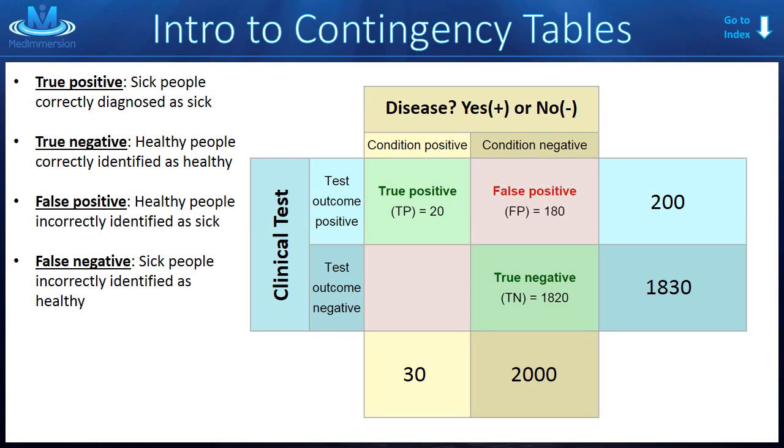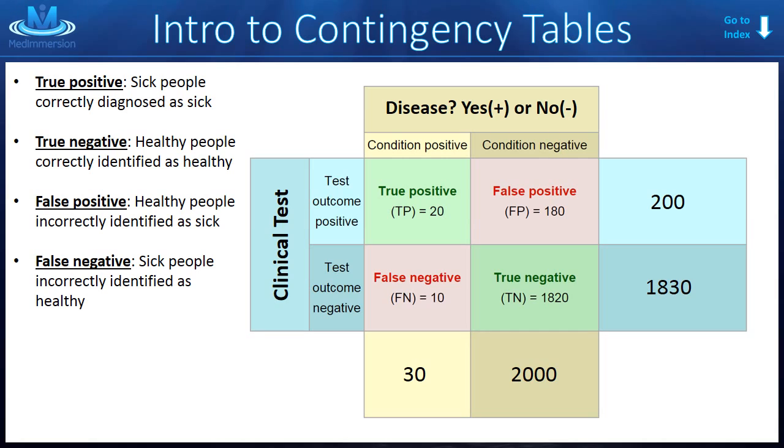The false positive is that group that the fecal occult blood test said was positive when in fact it was not. The false negative is that group that the fecal occult blood test said was negative, but was actually, in fact, positive. Okay, and this comes back to the fact that no test is perfect. There is always going to be some inherent error in any given test.